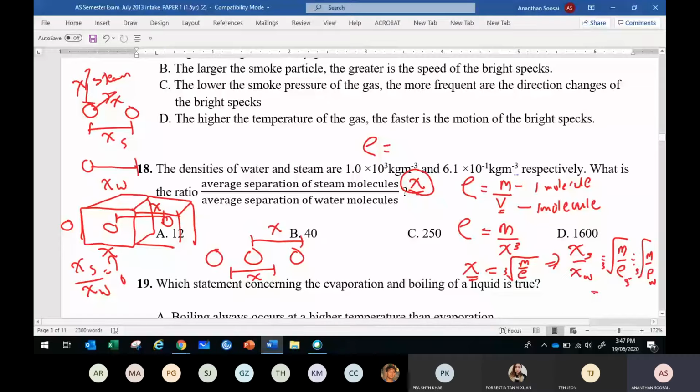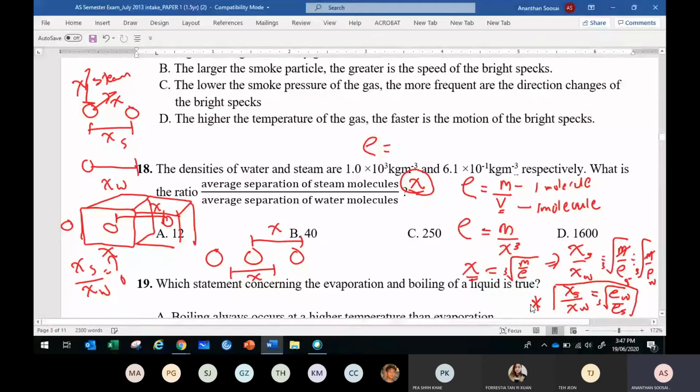After this, the mass of the molecule is the same because both are H2O, so we can cancel. It's going to be the cube root of density of water over density of steam. That's going to be the ratio of the spacing of steam to the spacing of water. So this is the final conclusion.